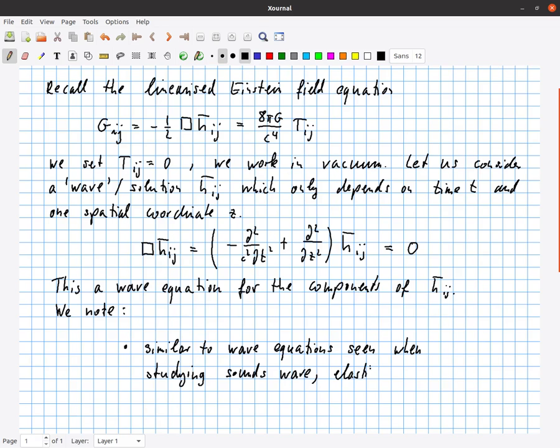The elastic ones would be the ones on a guitar string, for instance, or electromagnetic waves.